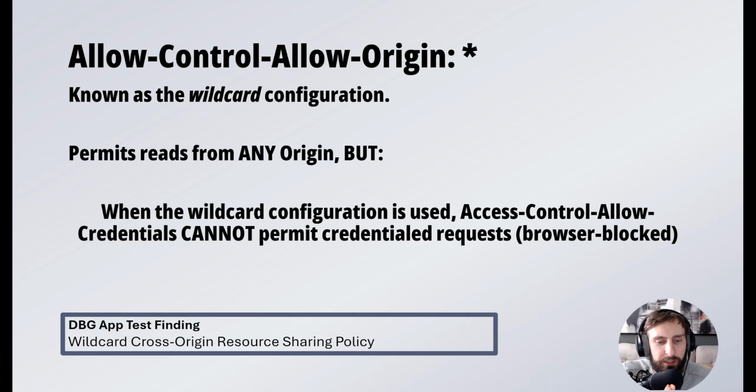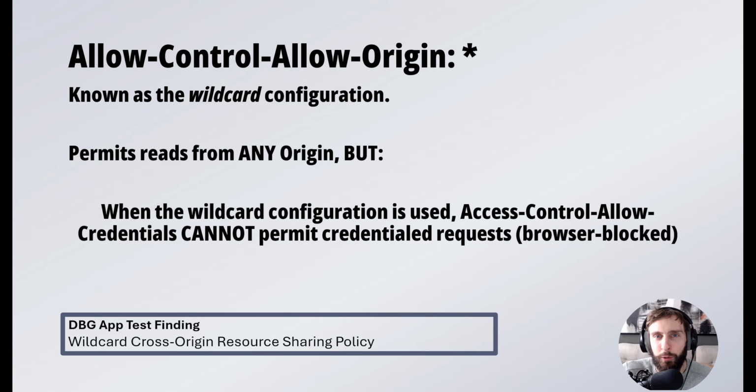I think this was implemented after the initial implementation of CORS, but when the wildcard configuration is present, you cannot use Access-Control-Allow-Credentials set to true. Browsers will block this because it's such a dangerous configuration. They recognize how dangerous that is. Allowing credentialed requests from anywhere for a lot of applications could be quite risky. So that's not allowed.